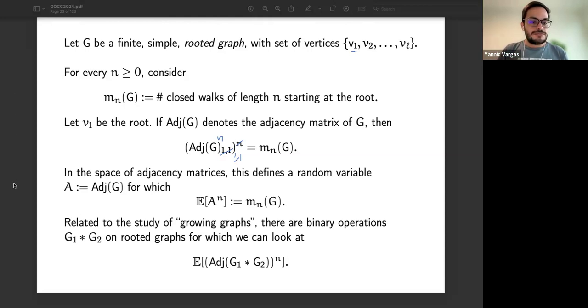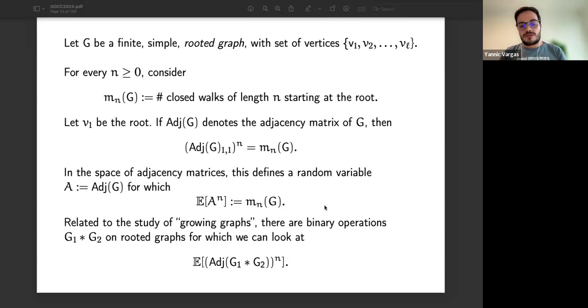All right. So now the idea is to relate this counting problem with some probability, considering a space of random variables, where the random variables are all possible matrices that are the adjacency matrix of some graph. In that case, the expectation of the n-th power of this random variable, which are matrices, you can define as this number.